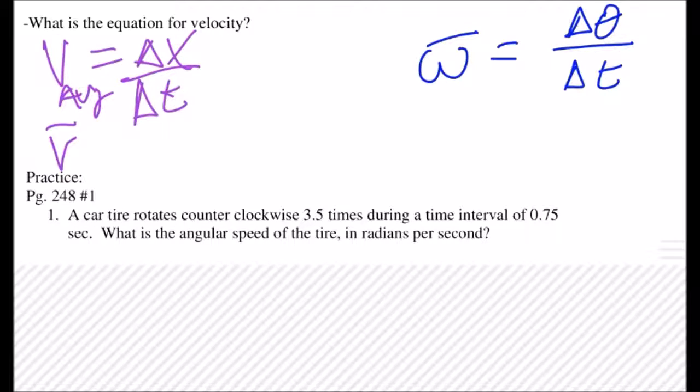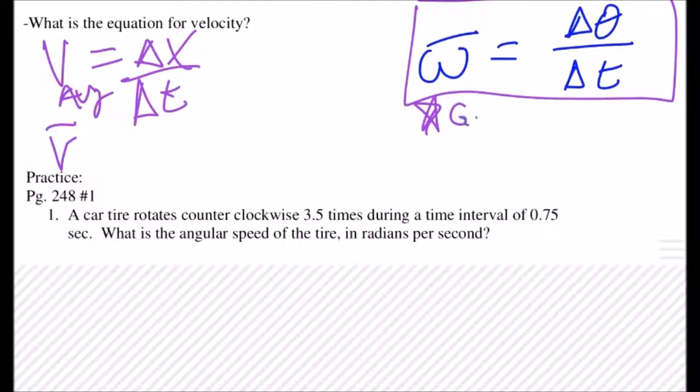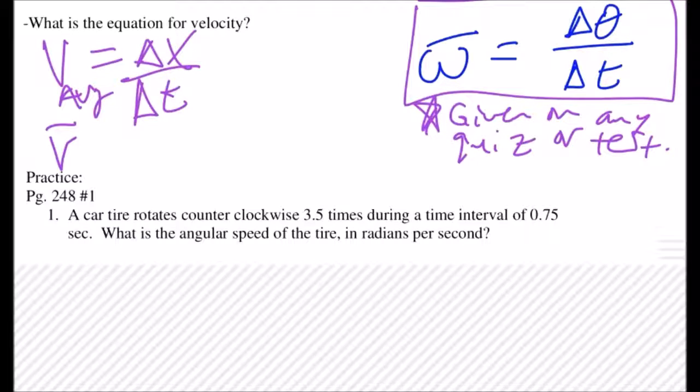So that then is our equation for the average angular velocity. This right here, that's a boxed equation. Boxed equations, remember, are given to you on any quiz or test.